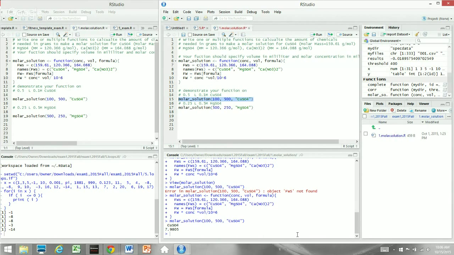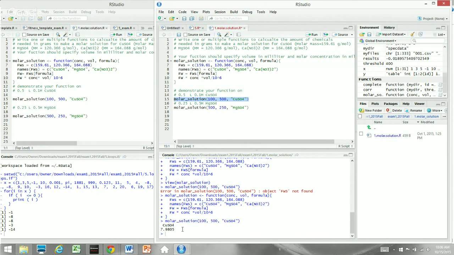Hold on. At the bottom here, you can see it says 7.9805 in grams, so 7.9805 grams to make the molar solution that's provided of that compound.